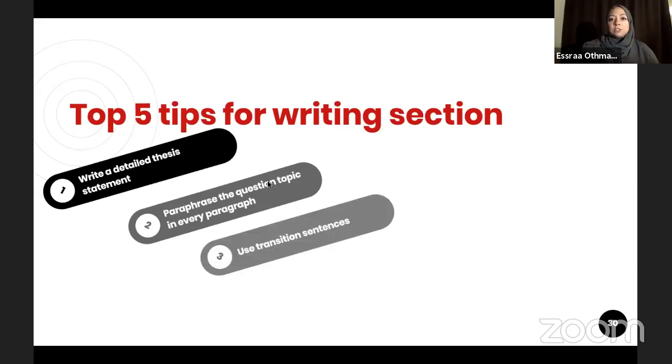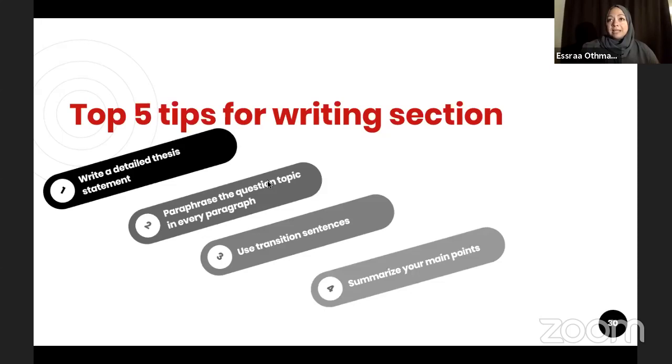Try to use transition sentences. If you remember, at the beginning I told you that the flow of ideas is important, and such flow will come when you use transition sentences. Summarize your main points at the end of your passage.